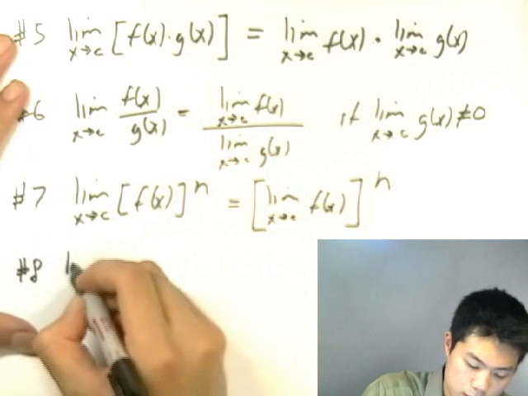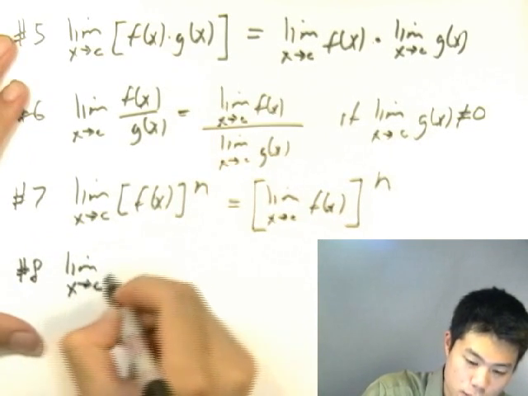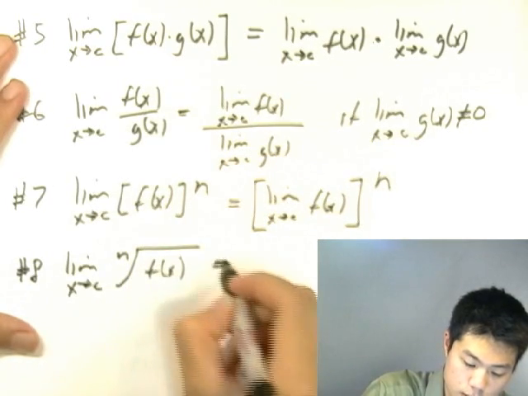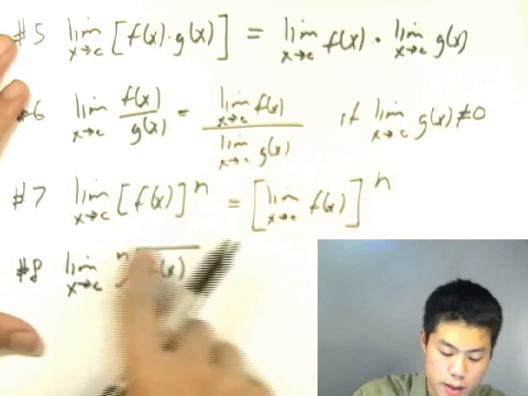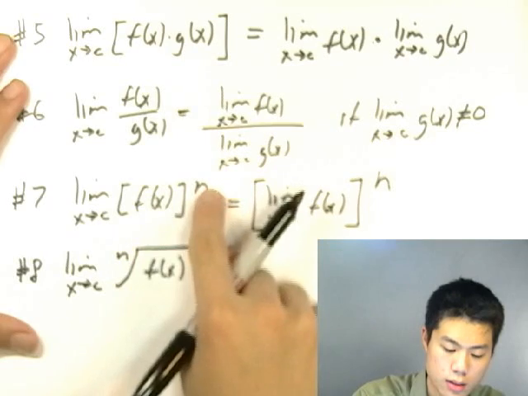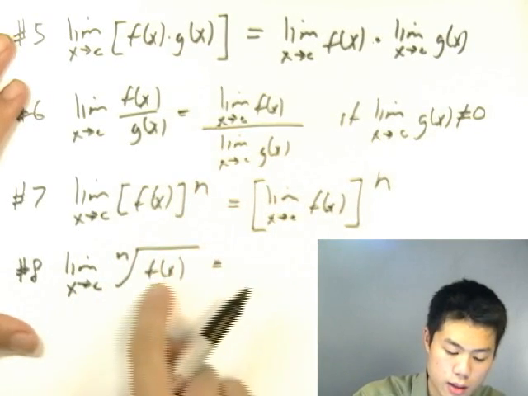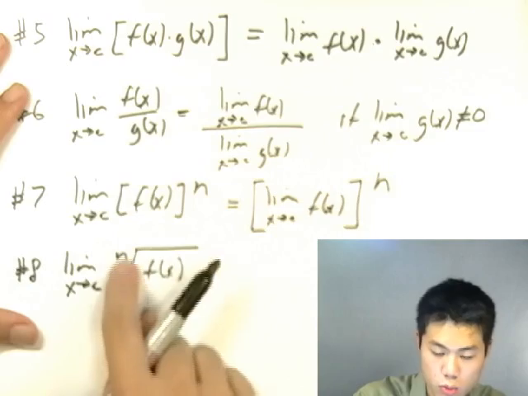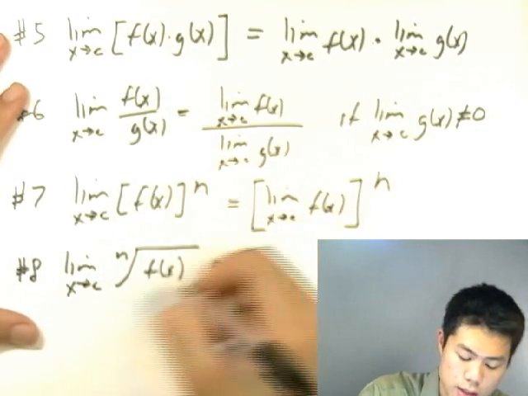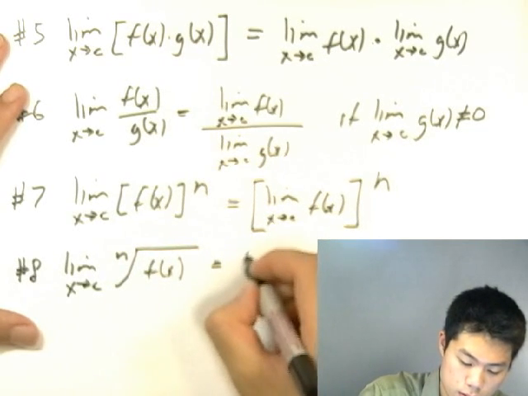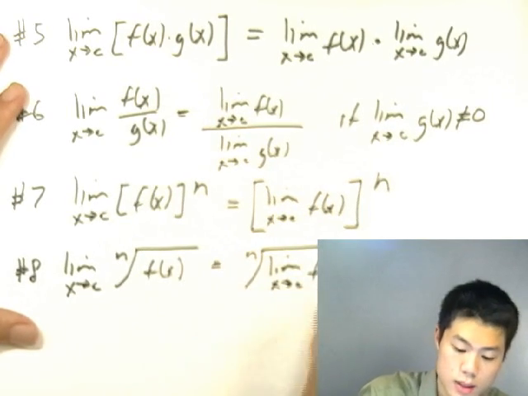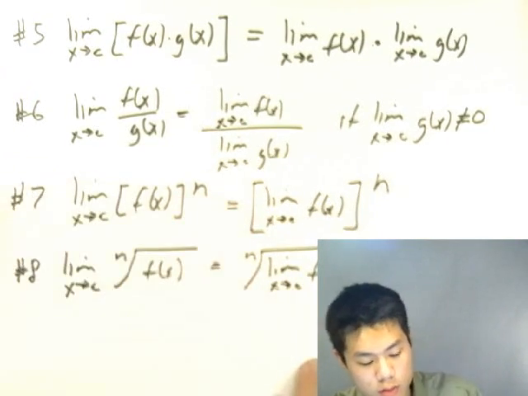Same thing with roots: this is basically a fraction, so if we take the square root, cube root, or any nth root, we can just take that thing out. It follows from property number 7.